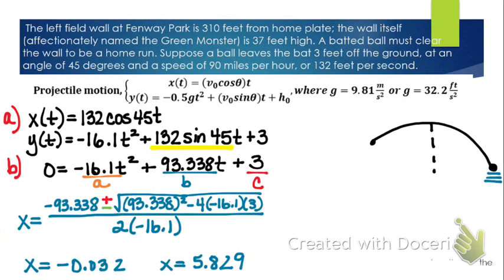So if you're not getting those answers, if you don't have a multi-view calculator, you're probably going to need to do it in steps, and you can't type it in at once. Or you may have to use more parentheses.